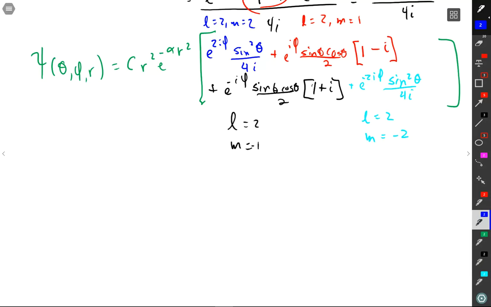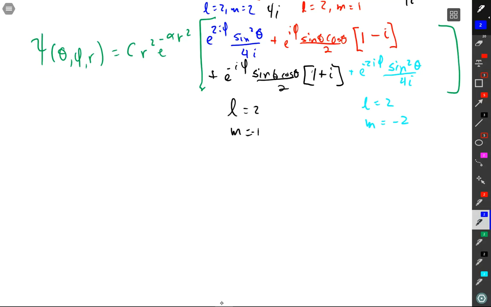So we have those 4 values accounted for. But I need to figure out what the proportions are for each of these. So to figure out the proportions, I'm going to use e to the 2i phi sine squared of theta times square root of 15 over 32 pi equals Y22.